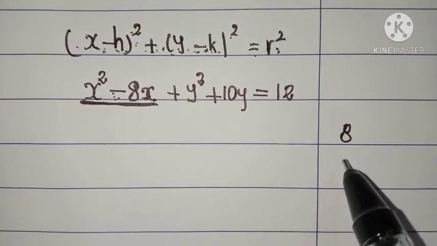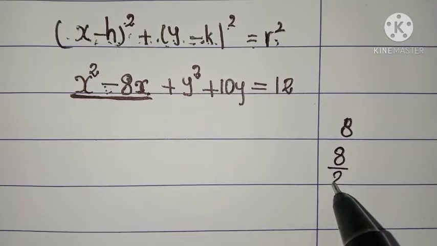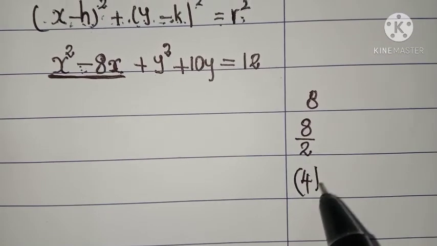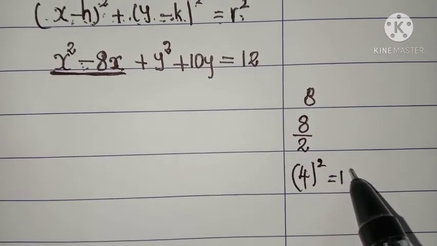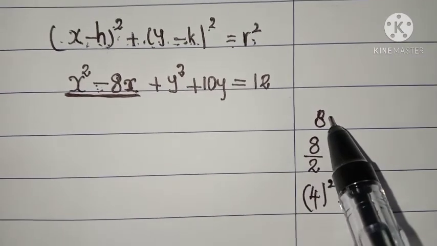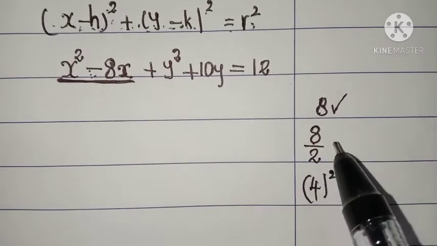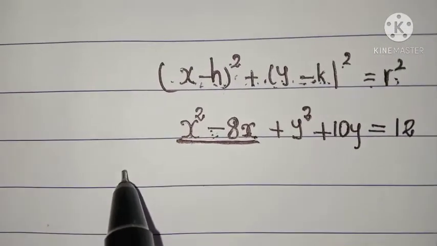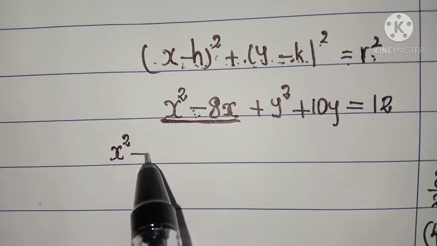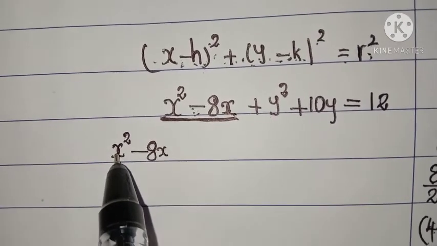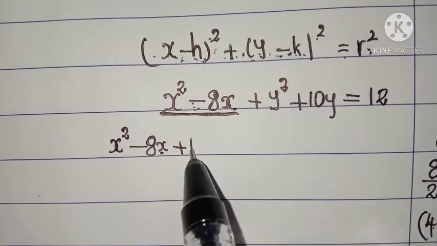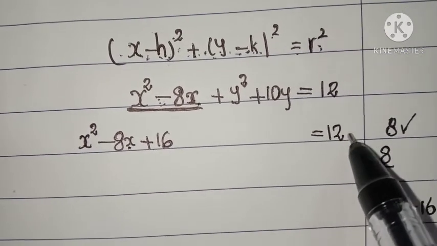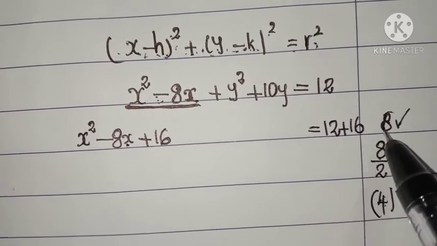Now half of this coefficient is 4. Now take the square, that is 16. Coefficient of x is 8, half is 4 and square of 4 is 16. So in the next step, write x square minus 8x plus 16, and at the same time on the right side 12 plus 16.